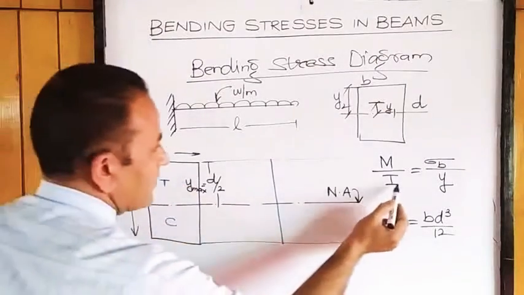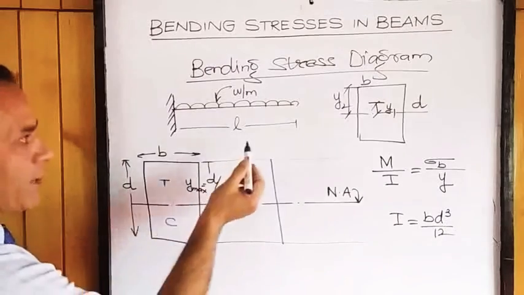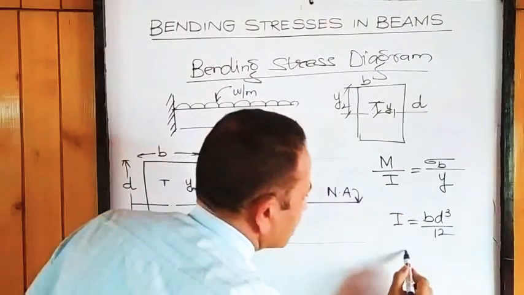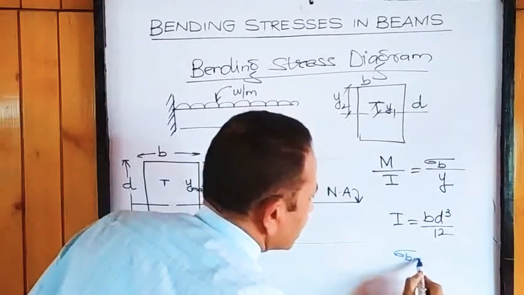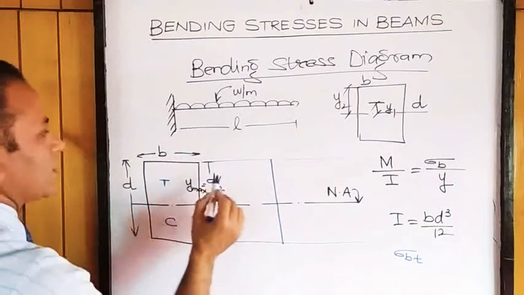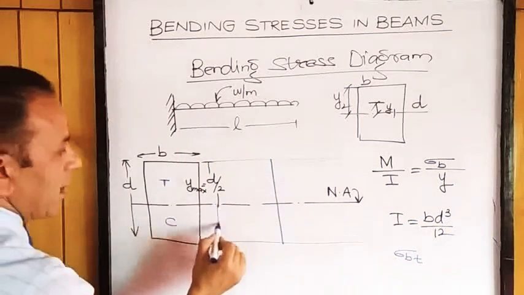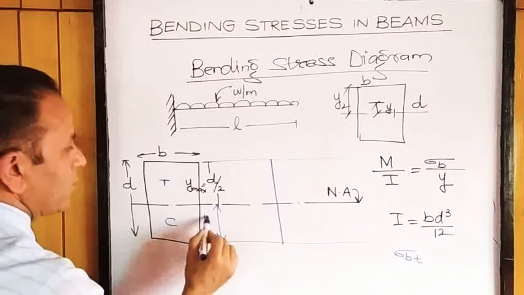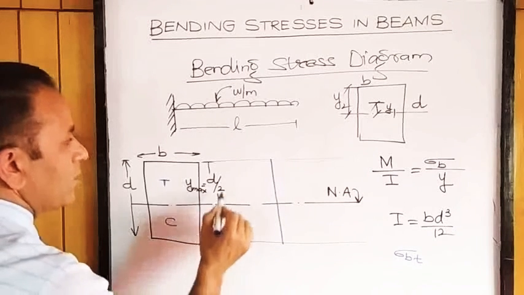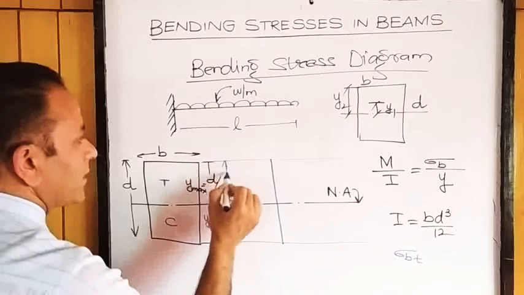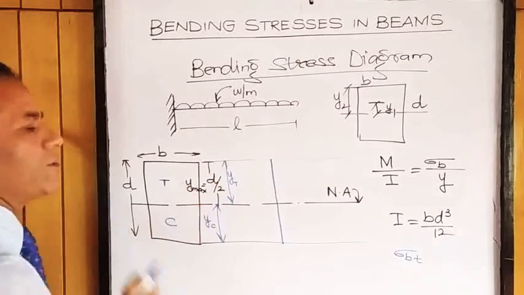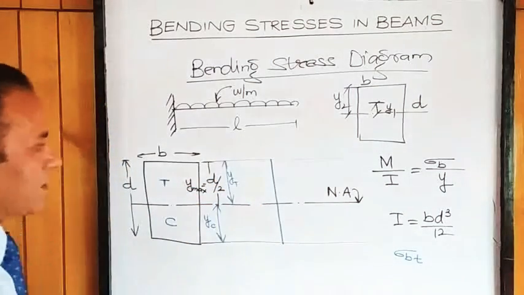So if in this equation I have got M bending moment with me, I will find out tensile bending stress corresponding to this D by 2. Here both the values, that is this value is Y compressive, this value is Y tensile, both are equal to D by 2 because of the symmetry of the section.